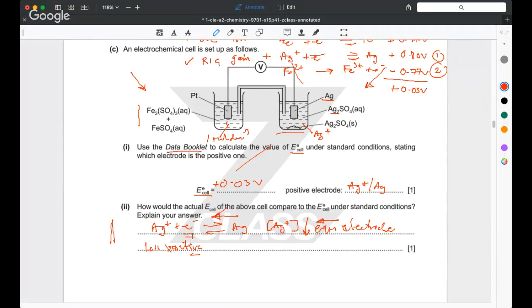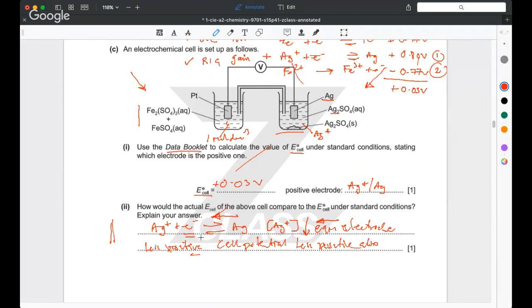Now, if the electrode is becoming less positive, then the difference between these two here is less, and so we'd expect the cell potential to become even less as well. So the cell potential is less positive also.